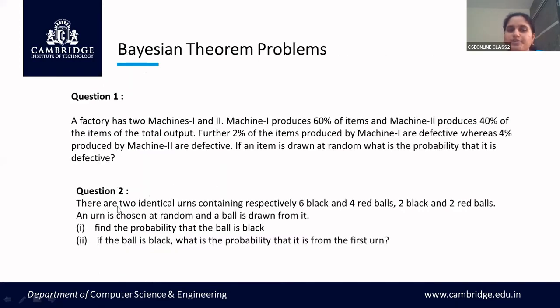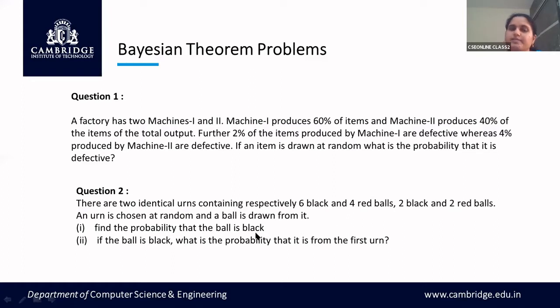Similarly, you try to find out the maximum likelihood for the second question. There are two identical urns, which contain 6 black and 4 red balls in the first one. Similarly, 2 black and 2 red balls in the second. So what is the probability of drawing a particular ball which is black?